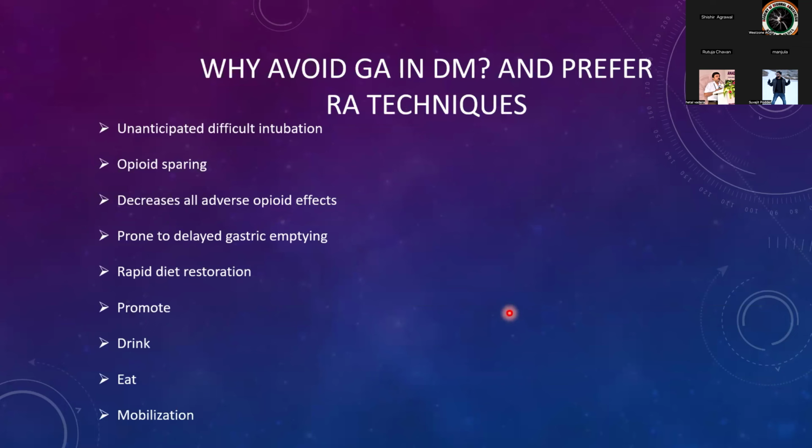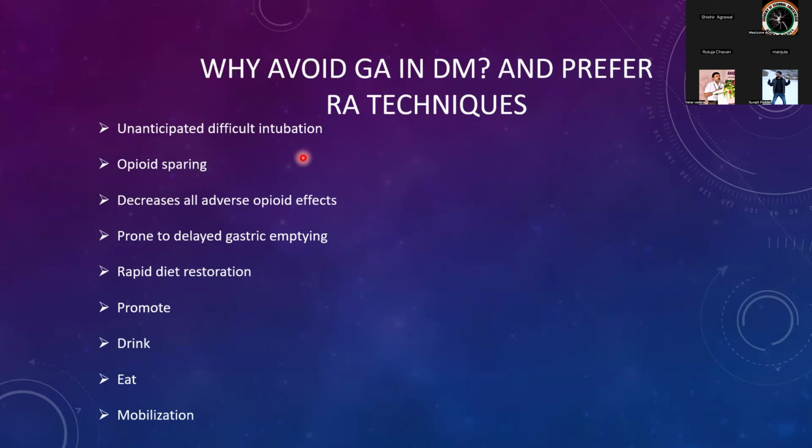Now, why should we avoid general anesthesia in diabetes? Diabetic patients have some amount of collagen disorder, which leads to stiff joint mobility syndrome, and they can have unanticipated difficult intubation.